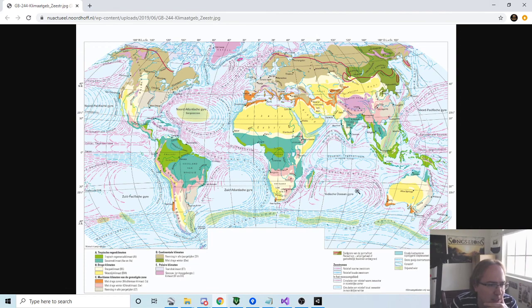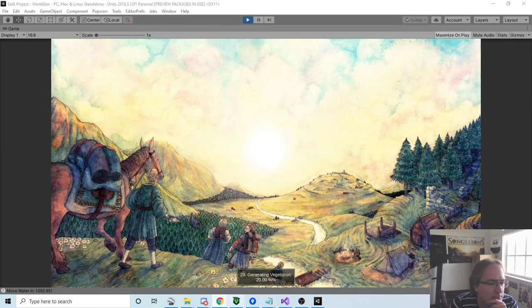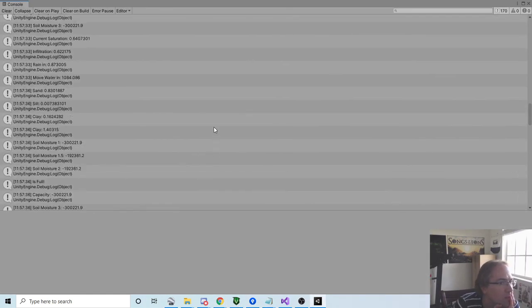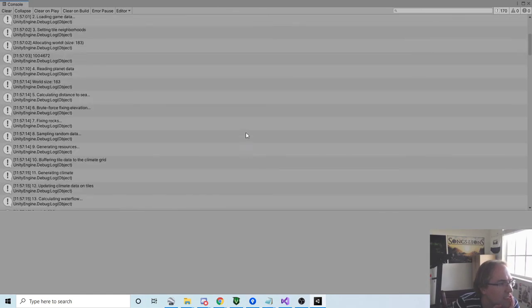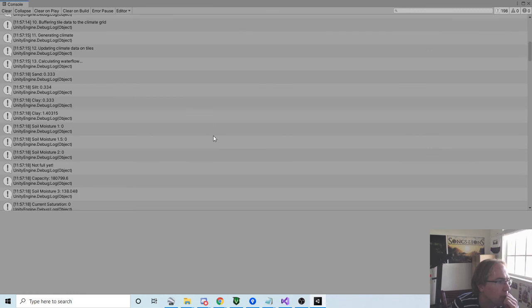This map is speaking fancy. Oh, that's interesting. Now it's... Oh, yeah, because I disabled burst. So who knows when it will finish.